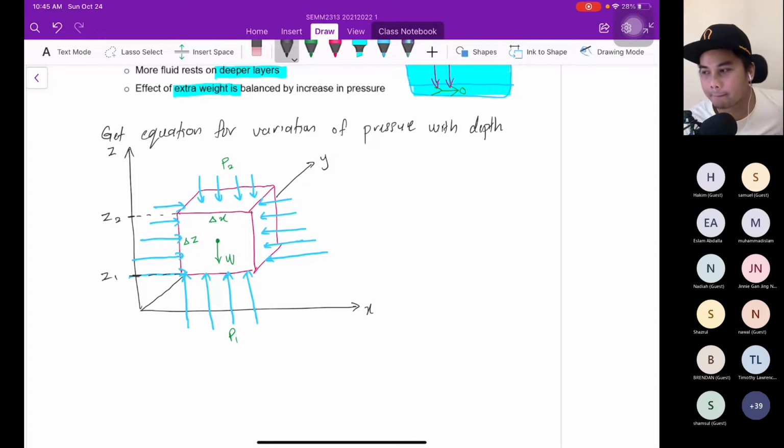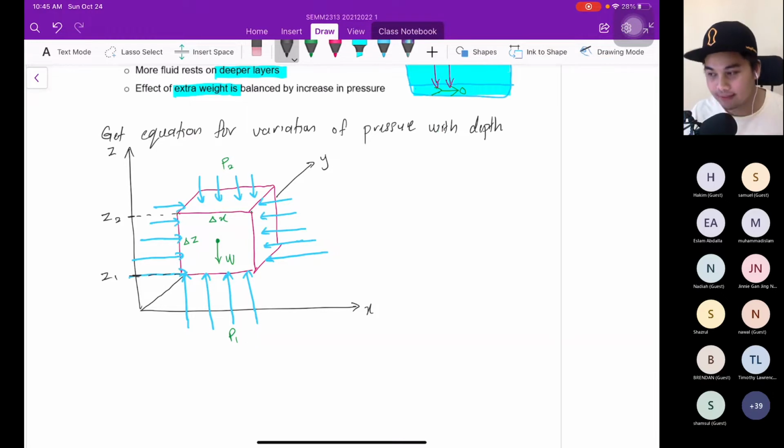X. Identical means the force on the left side is equal to the right side. So in this case, just ignore the X direction because they cancel each other.